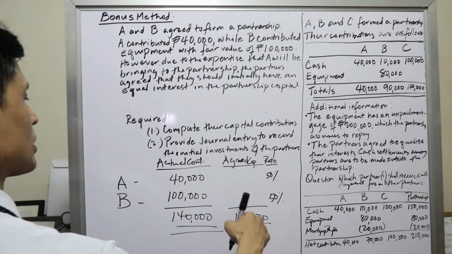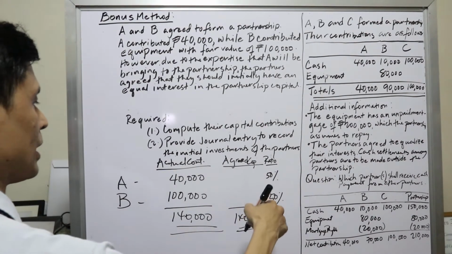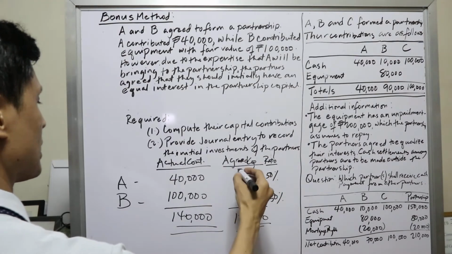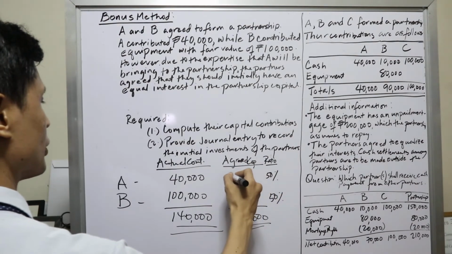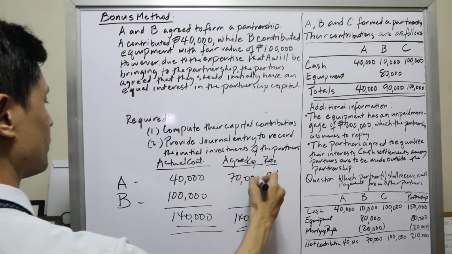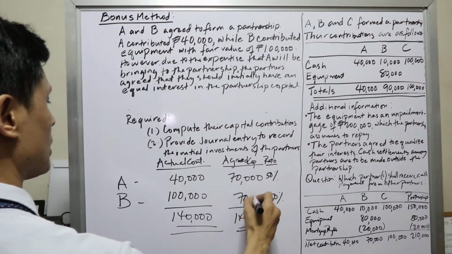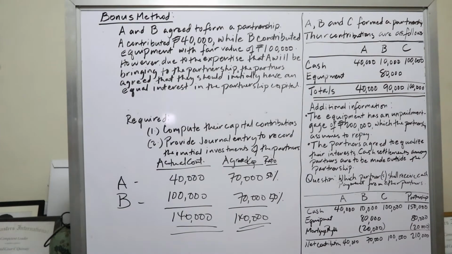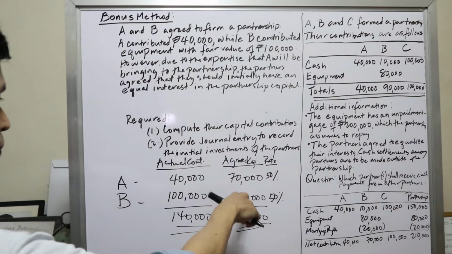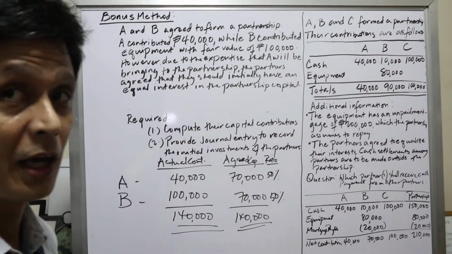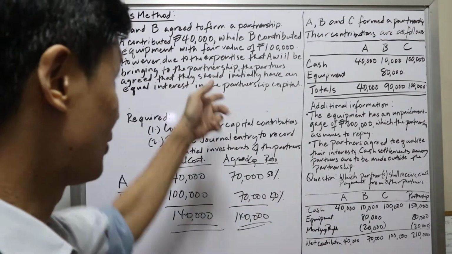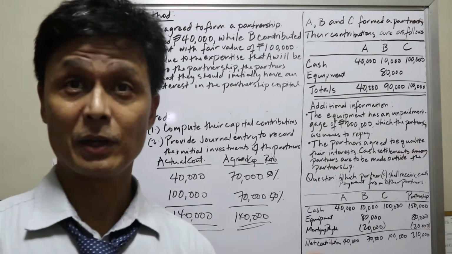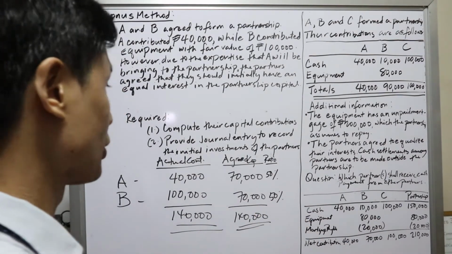So, 140,000, i-divide natin by 2 para maging 50-50 sila. So, this would be 70,000 and 70,000 pesos. So, makikita natin dito, parang lugi si B kasi 70,000 lang yung binigay sa kanya na agreed capital. Eh, ganun eh. Kasi meron nga mas may binibigay may dinadala si A doon na expertise.